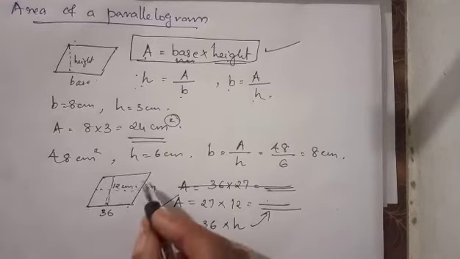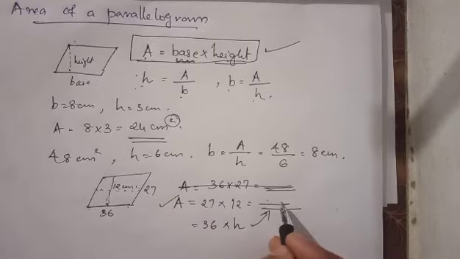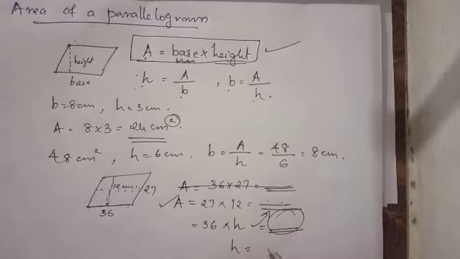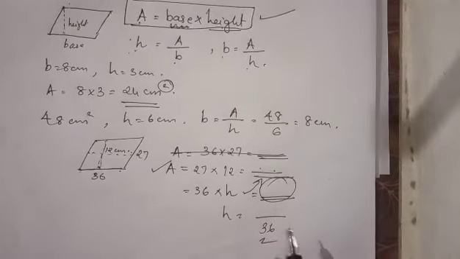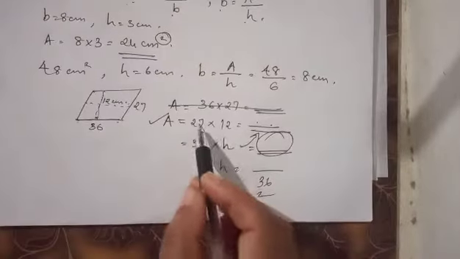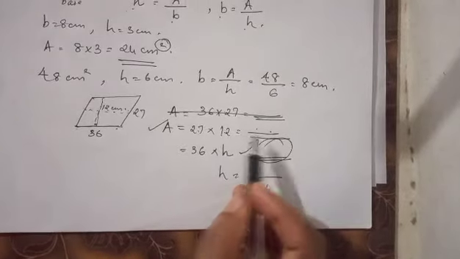First base and height are given. From there you will get one answer. That answer you write here also. Then we can find this answer divided by 36. Okay. Here 27 into 12 we will get the area of the parallelogram.